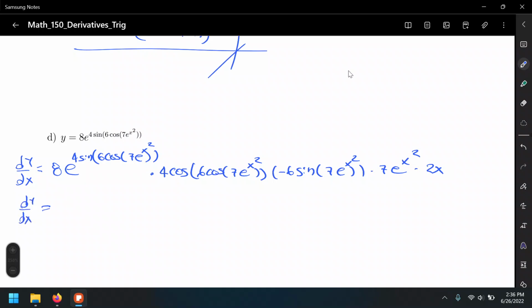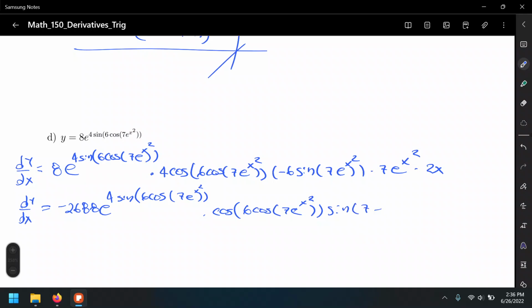dy dx is negative 2688 e to the 4 sine 6 cosine of 7 e to the x squared, and that times cosine of 6 cosine of 7 e to the x squared, times sine of 7 e to the x squared, and times this factor of x that was left over.